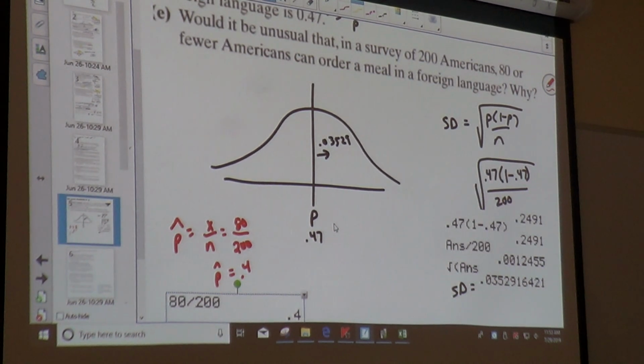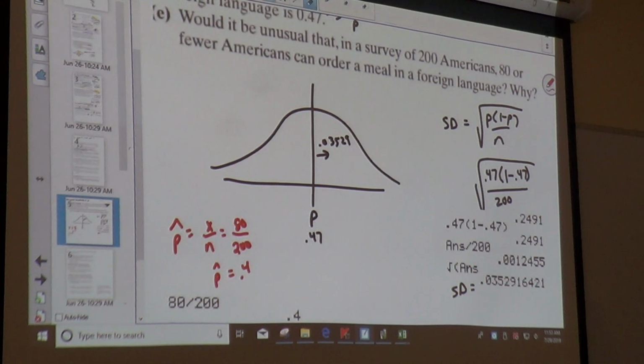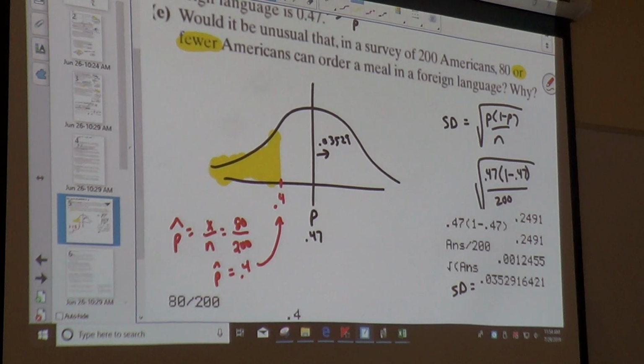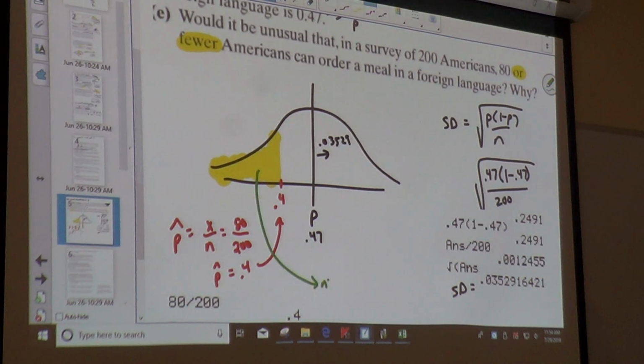Now, they want 0.4 or fewer. So once I put my 0.4 in there, we need to do or fewer. So what am I going to do in my calculator? Normal CDF. Where did it start? Negative 9999.